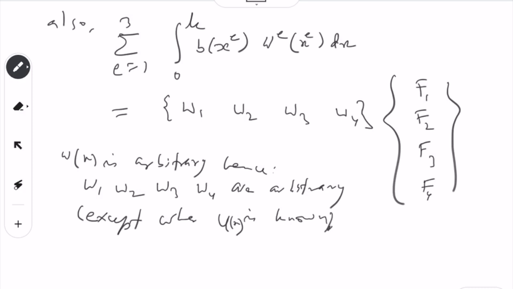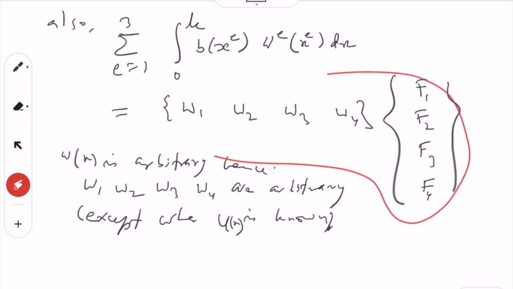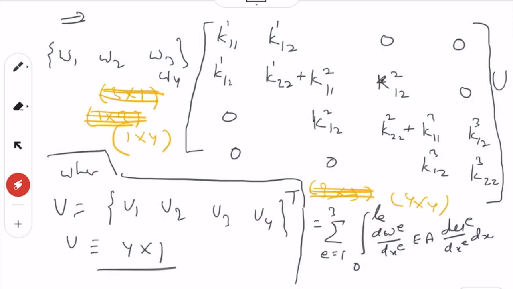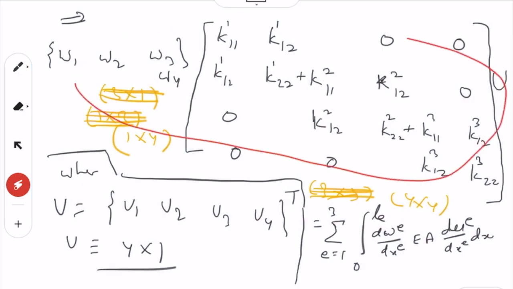Hence, what we will see is that the whole thing cannot be 0. Maybe one of them will be 0, because u1 equal to 0, hence W1 is 0, but the rest cannot be 0. That really means it is only possible if this whole thing is equal to this whole thing.